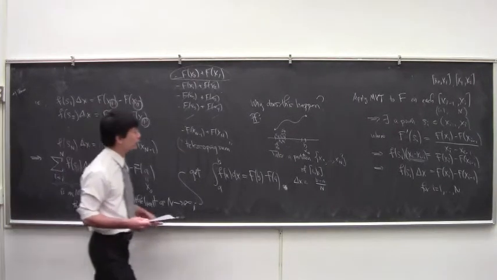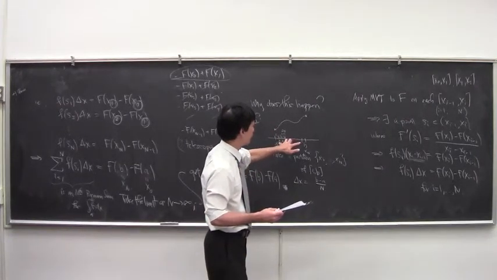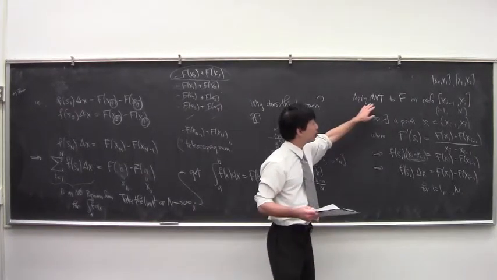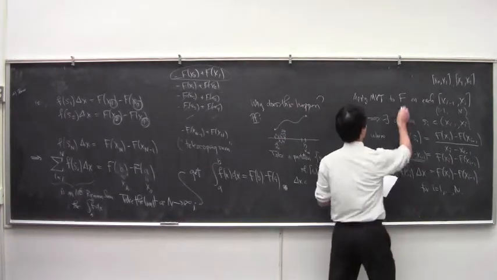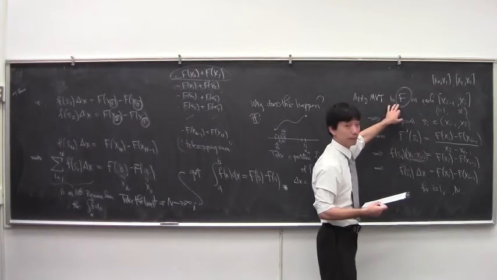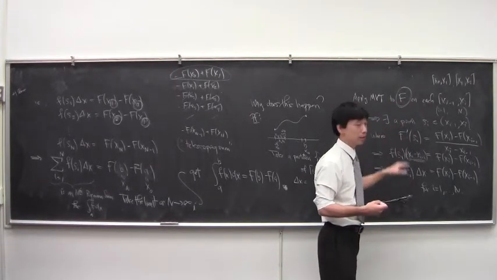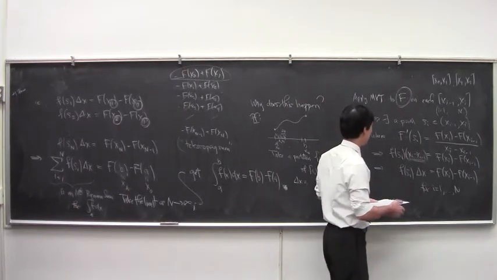You take your interval, you divide it up into n equal subintervals, and then you apply the mean value theorem to capital F, the antiderivative, on each subinterval, and you see what that tells you.